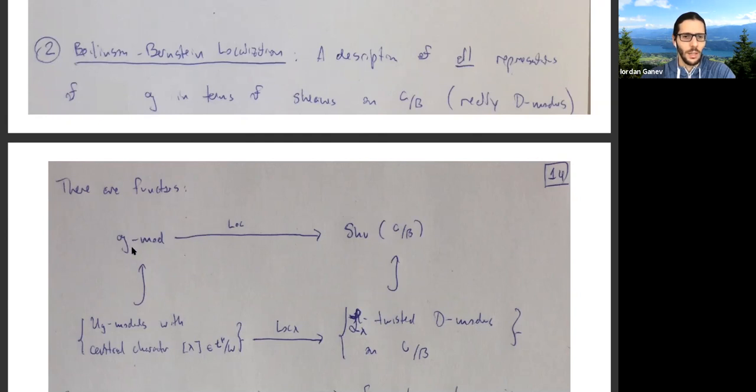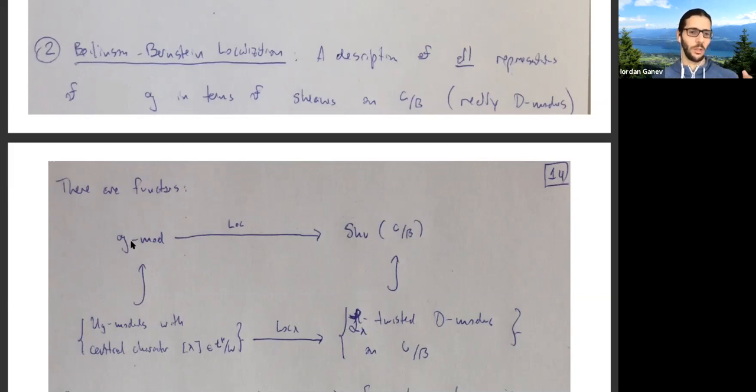Modules for the Lie algebra are the same as modules for the universal enveloping algebra, and inside those modules we have those that have a fixed central character lambda. So all the modules with the same central character.